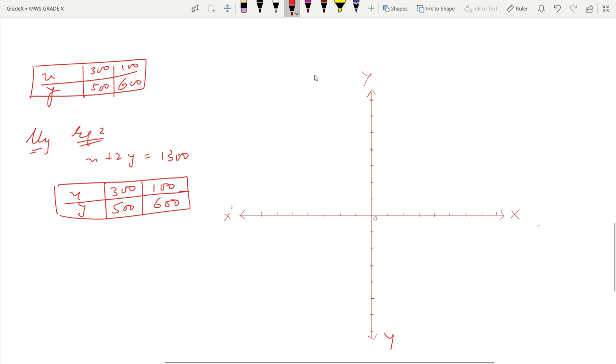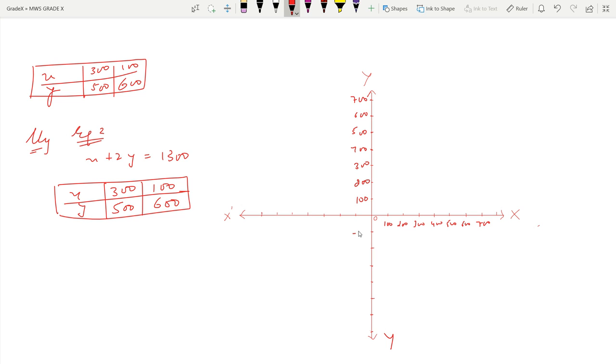So let us take the gap of 100 only, so it will be better. 100, 200, 300, 400, 500, 600, 700. In the same way here also, 100, 200, 300, 400, 500, 600, 700.